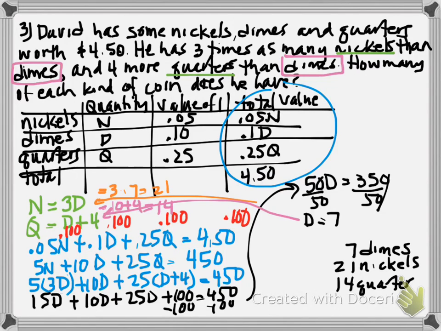So what we can do is double check by doing values. So 7 dimes, I'm going to do this over here in green for money. 7 dimes is 70 cents. If I have 21 nickels, that's going to be $1.05. If I have 14 quarters, well, 4 quarters at a time make $1.